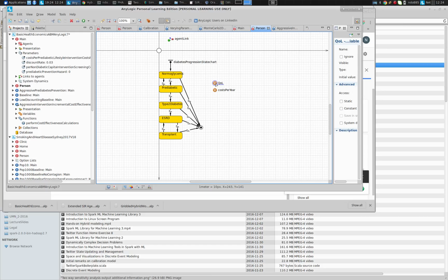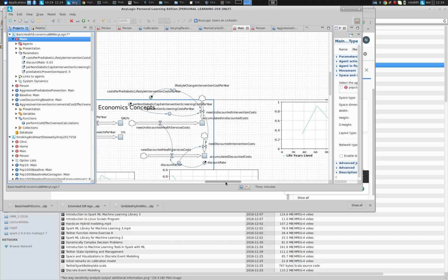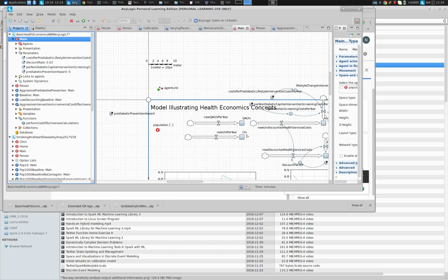We need quality of life indicators for an individual. We need, at the level of main, to be able to keep track of accumulated costs, discounted and undiscounted, and qualities and life years.